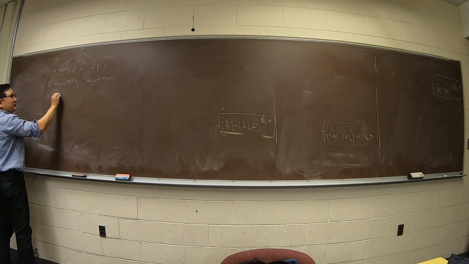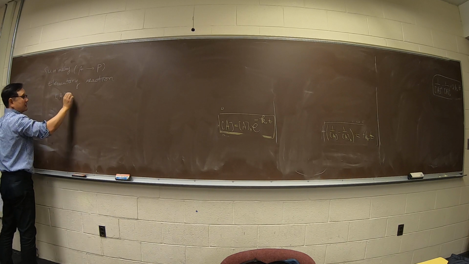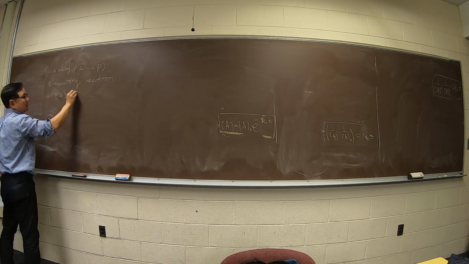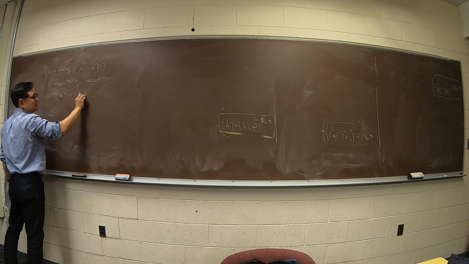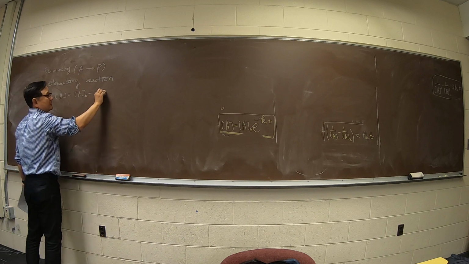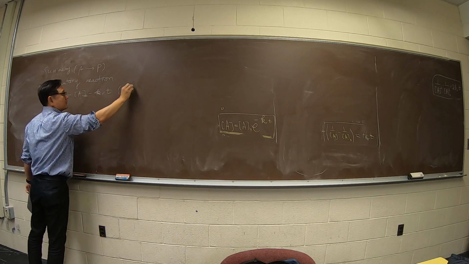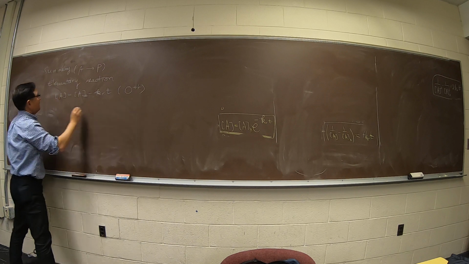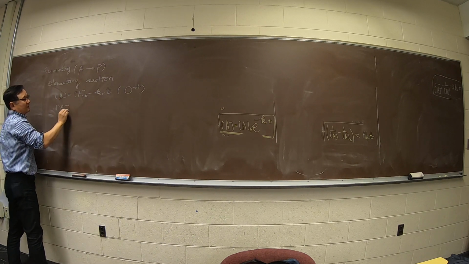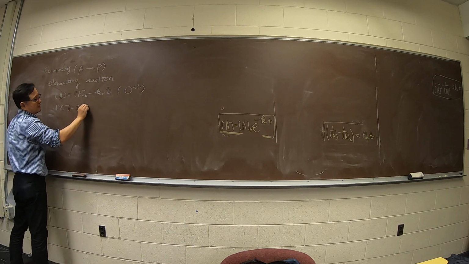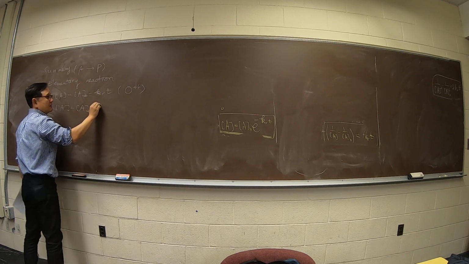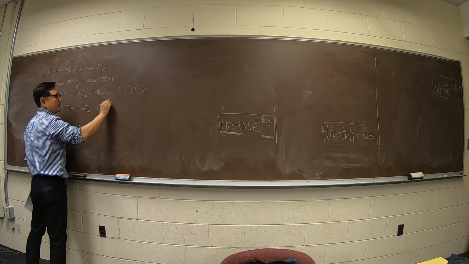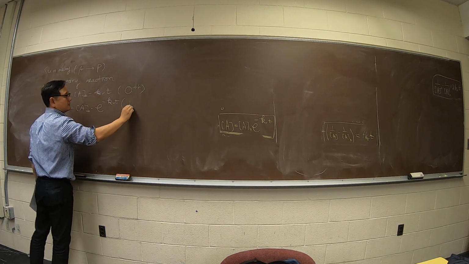So, I'll just give you one example. This is A naught minus kRT. That's the zeroth order. A is A naught multiplied by exponential decay. That's the first order.